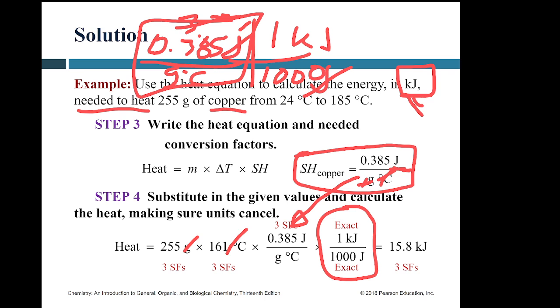What do I have that's related to grams and degrees Celsius? I have grams of copper right here. How do I get rid of the grams on the bottom?